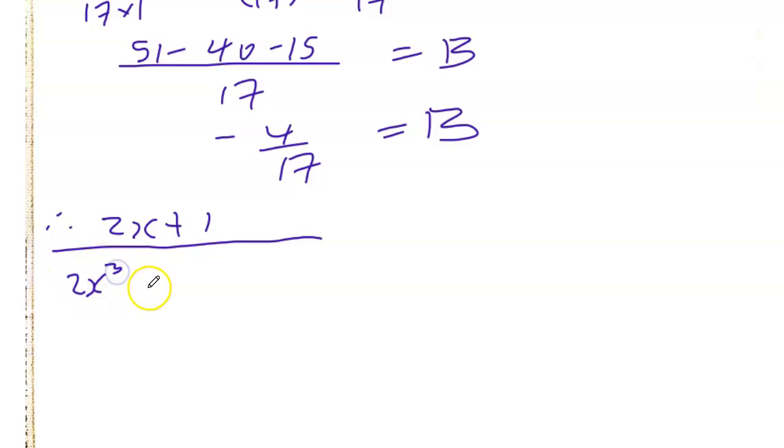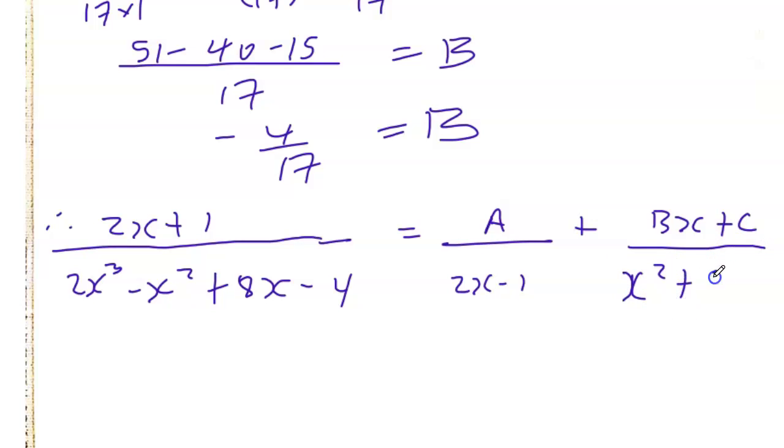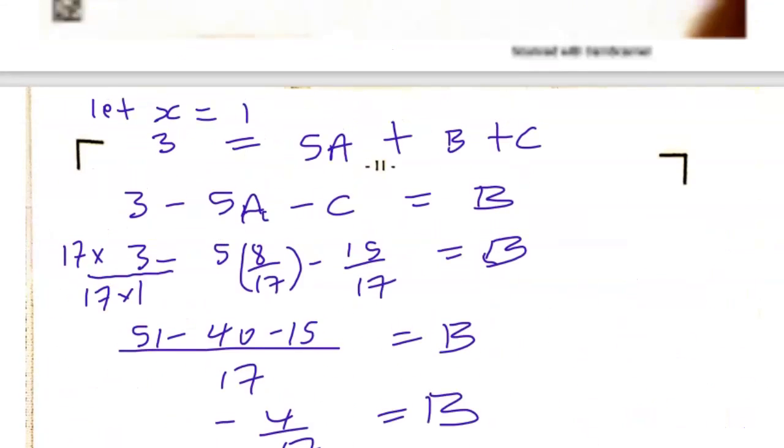2x cubed minus x squared plus 8x minus 4 is equal to, now we had said it's a over 2x minus 1 plus bx plus c over x squared plus 4. So a, we just found a to be, I jumped the gun there a while ago.